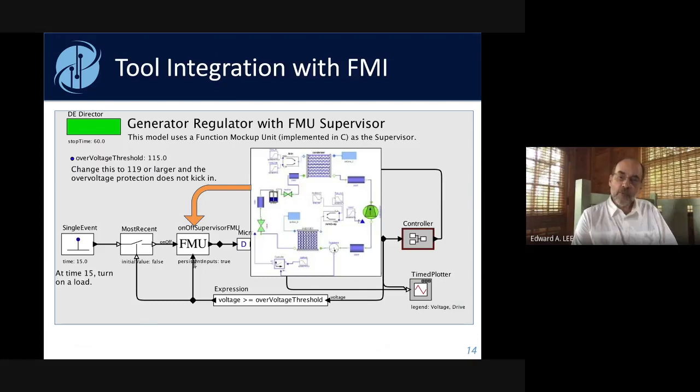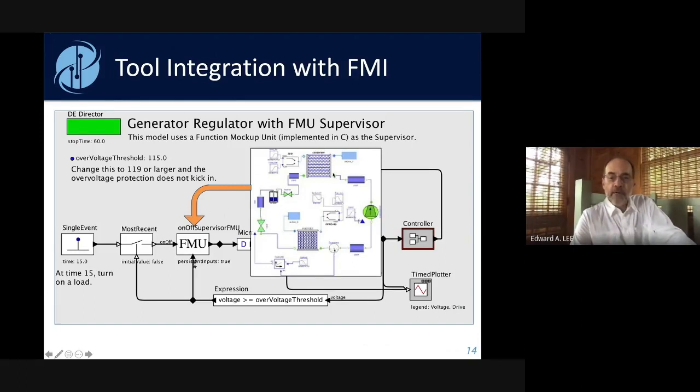There have been several projects based on Ptolemy II that focused on tool integration. One of them is that we built an FMI toolkit. FMI is the functional mockup interface, and it comes out of the Modelica community. Modelica is a very well-established tool for doing quite sophisticated continuous time modeling.